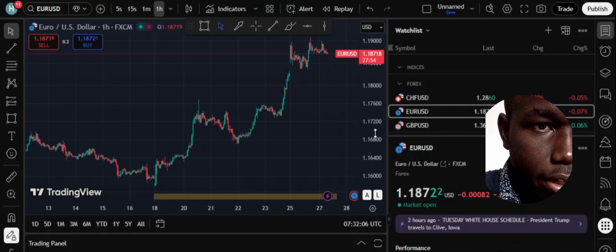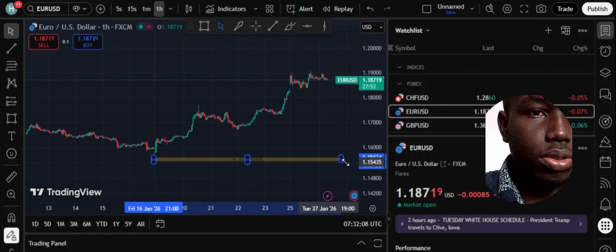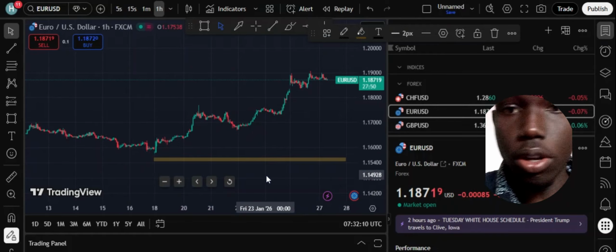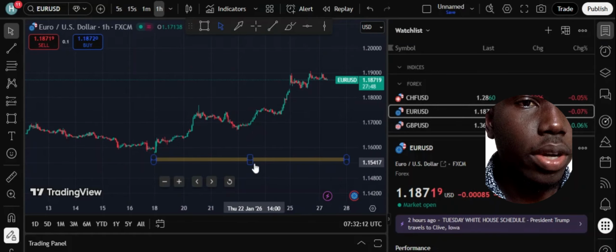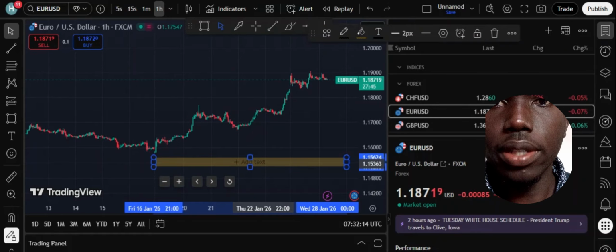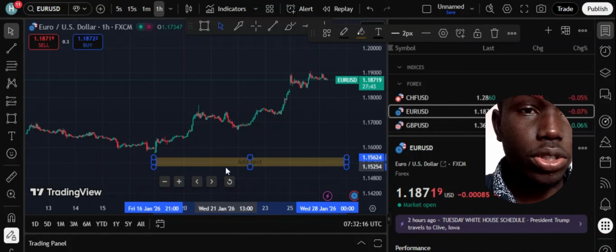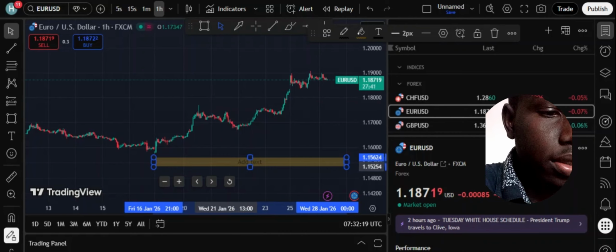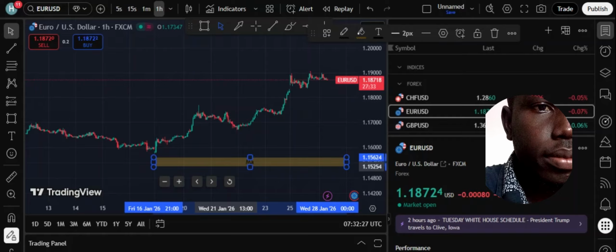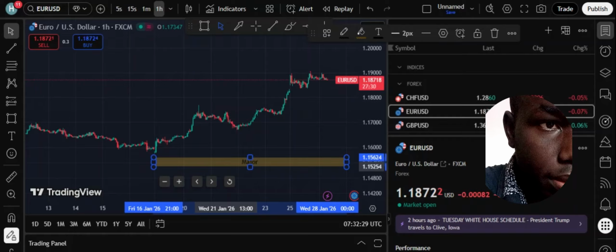Considering that the major support holds, it's supposed to be the lowest point where you are expecting the market not to break. So your major support has to always be strong. So we're done with the major support.